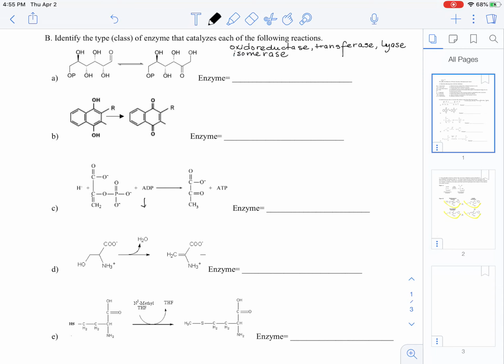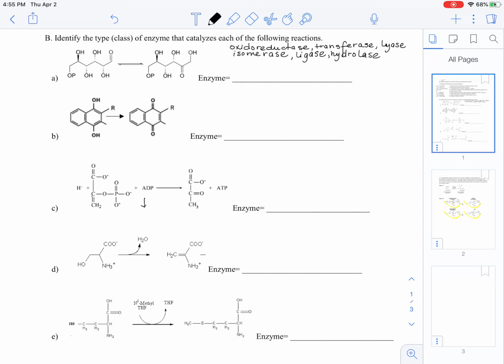I'm just writing them in singular. A ligase, and the last one is hydrolase.